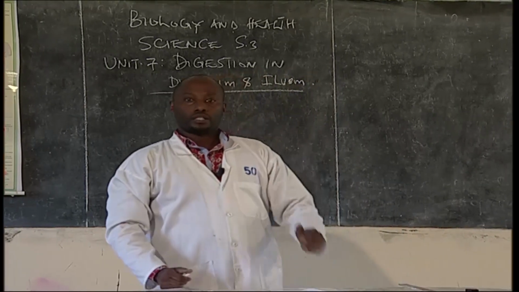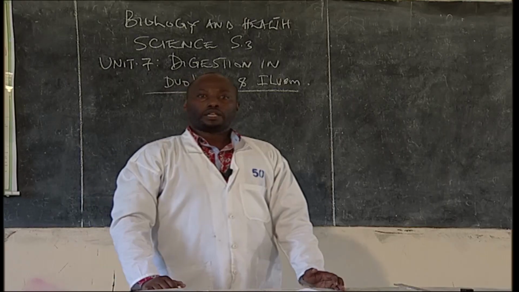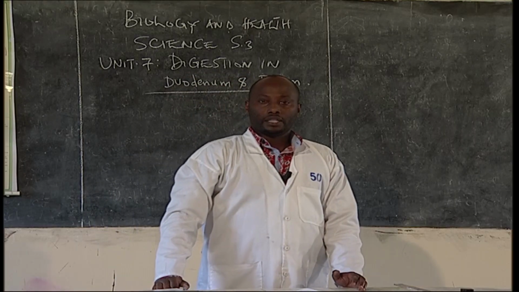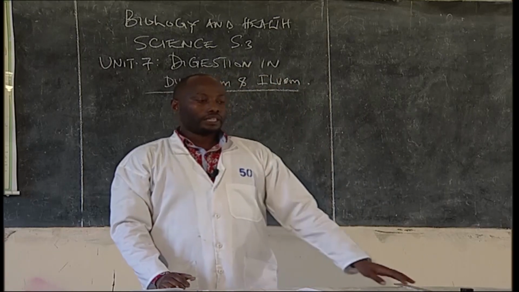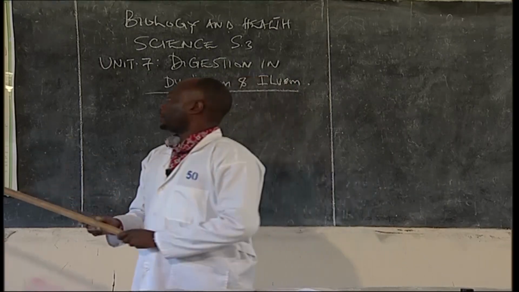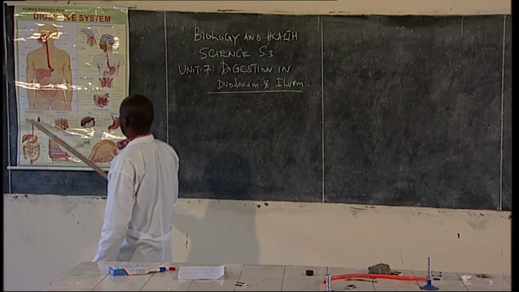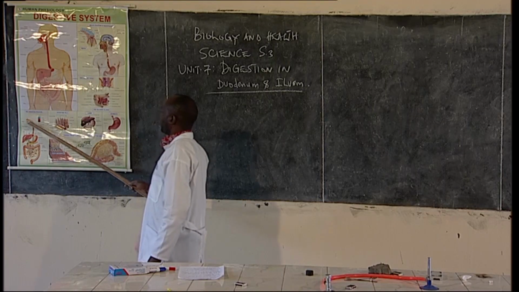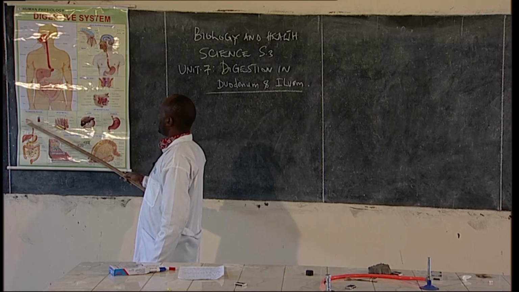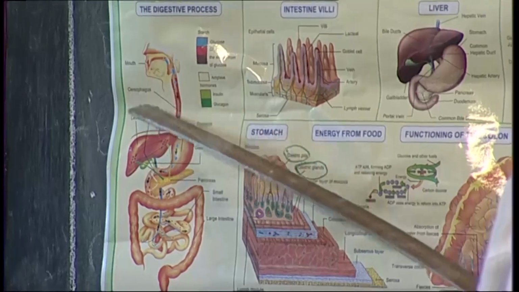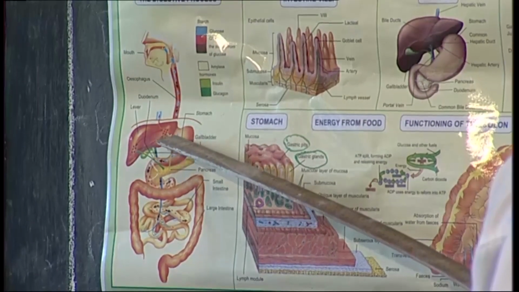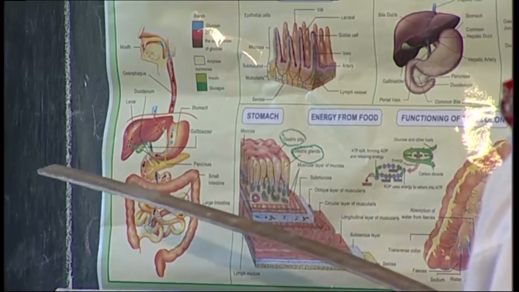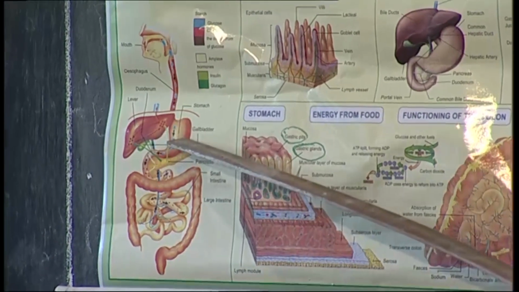As you know, last time we discussed digestion in the stomach. I think we can make a small review of what we discussed. As you chew, the food is broken down into smaller pieces. When you swallow, the food passes through the esophagus, then goes into the stomach, where it is churned and mixed with the gastric juice.